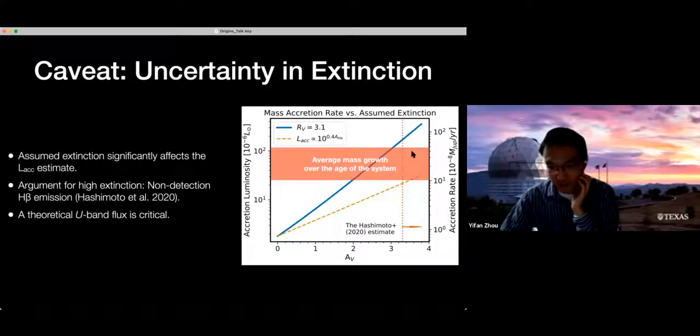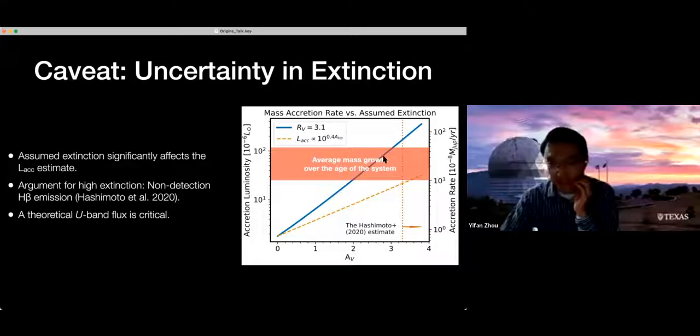So an A sub V of 3 would increase the accretion rate estimated for the planet to more than 10 to the minus 7 Jupiter mass per year.